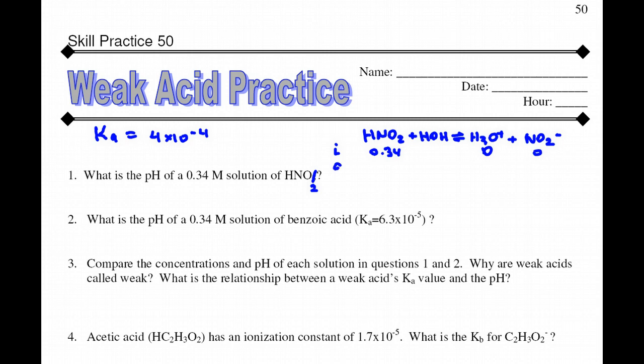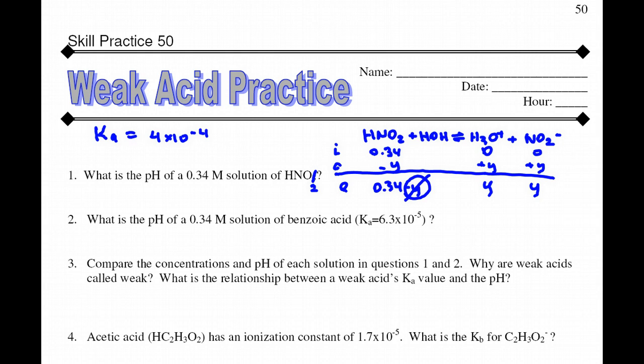The change is going to be minus Y here, and plus Y and plus Y here. At equilibrium, 0.34 minus Y, here Y, there Y. And we're going to assume this minus Y is so small that it's negligible.